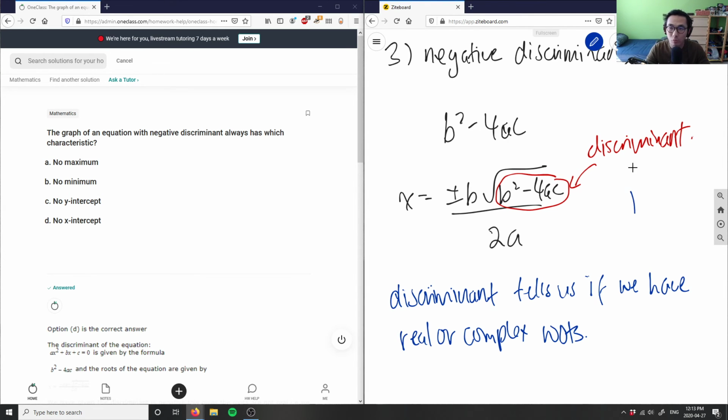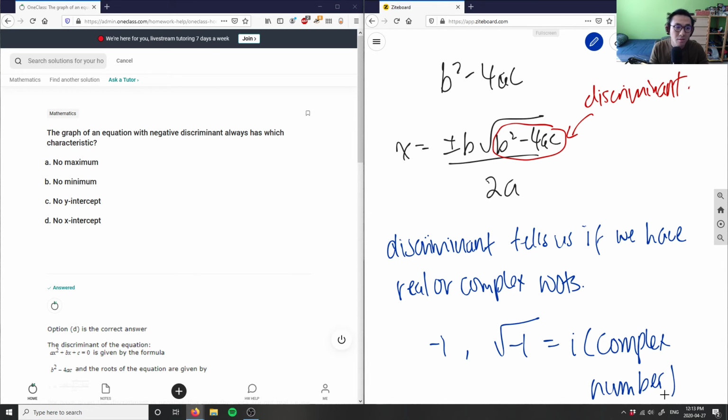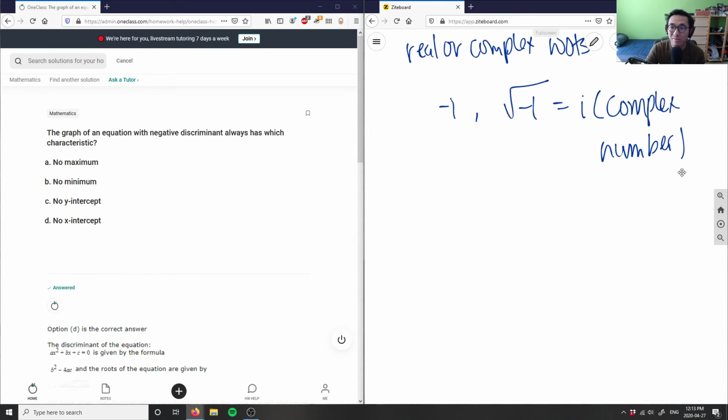Let's say our discriminant here was negative 1. So therefore I'm taking the square root of negative 1, which will give us i, which is a complex number here. Therefore, we don't have any real roots in the real plane.